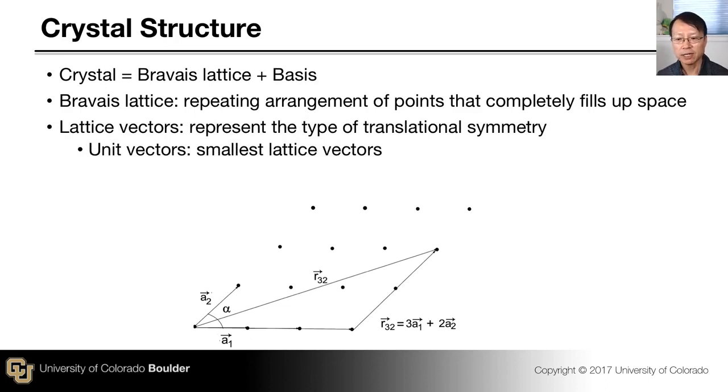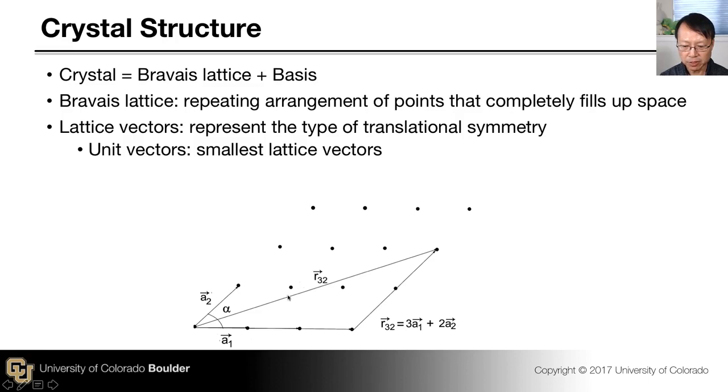To characterize this lattice, we use lattice vectors, and a lattice vector is a vector that defines the type of translational symmetry this Bravais lattice possesses. So simply, the lattice vector can be understood as a vector that connects any two arbitrary lattice points.